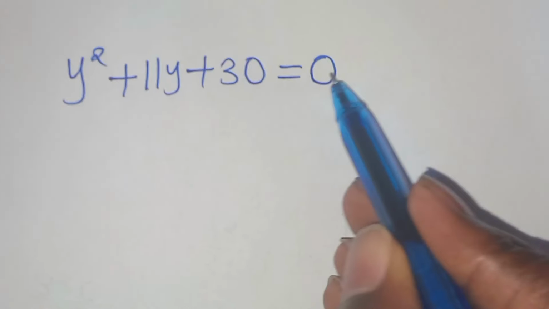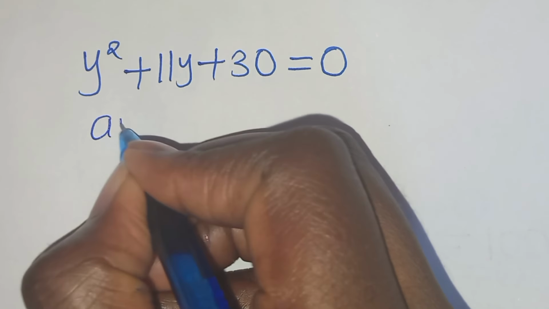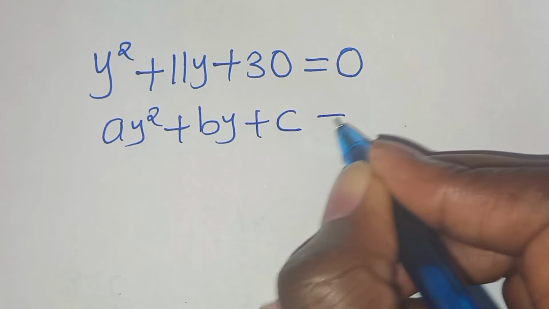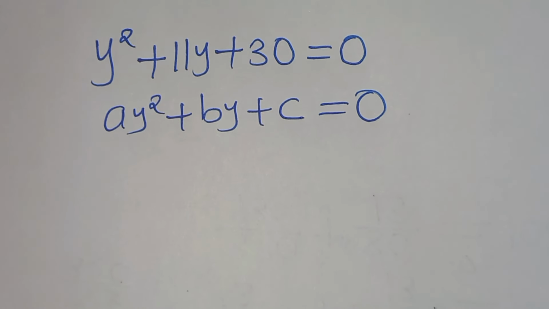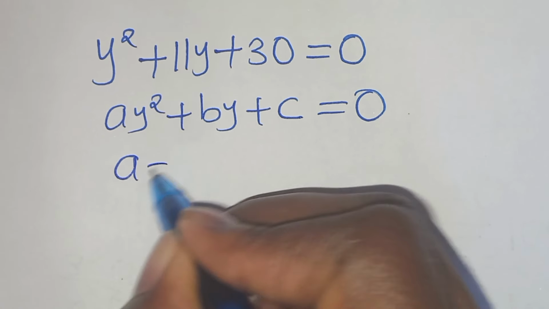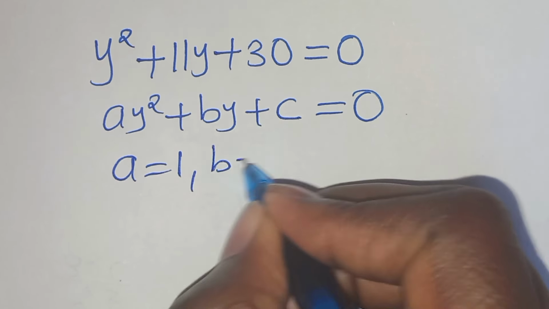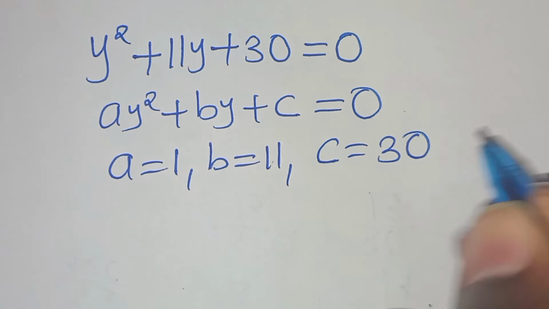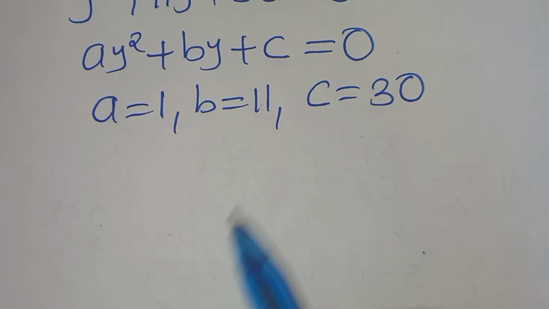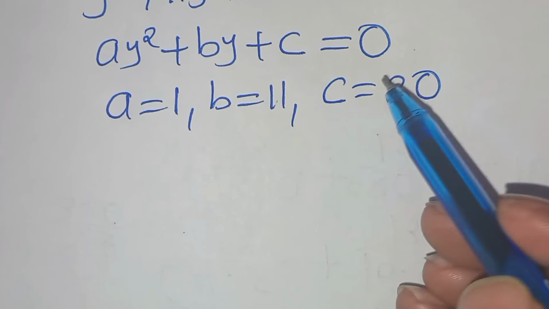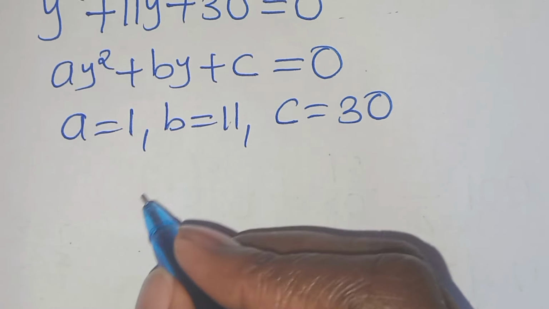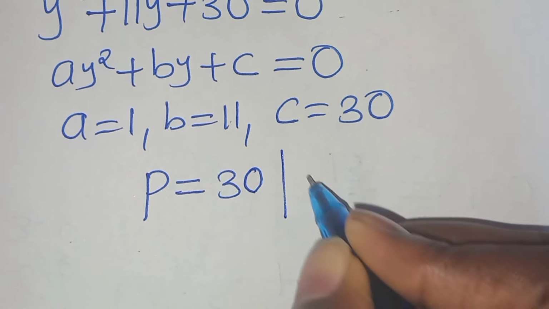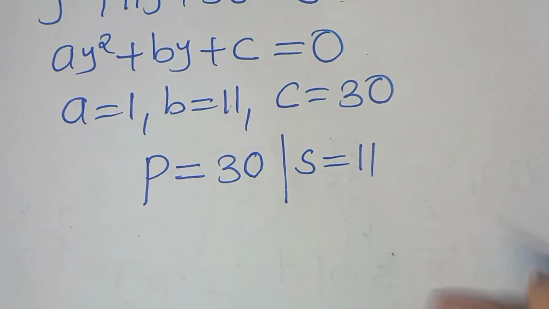Now this is a quadratic equation of the form ay squared plus by plus c equal to 0. We have a equal to 1, b equal to 11, and c equal to 30. So we can solve this quadratic equation through factorization, given that the product is equal to 30 and the sum is equal to 11.